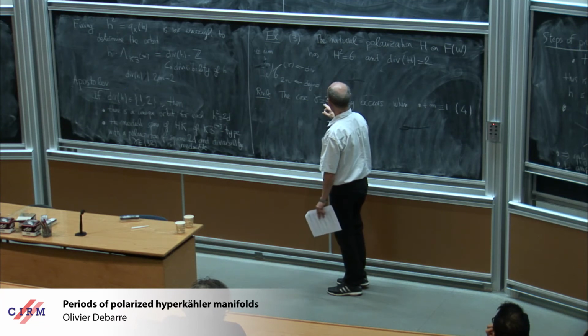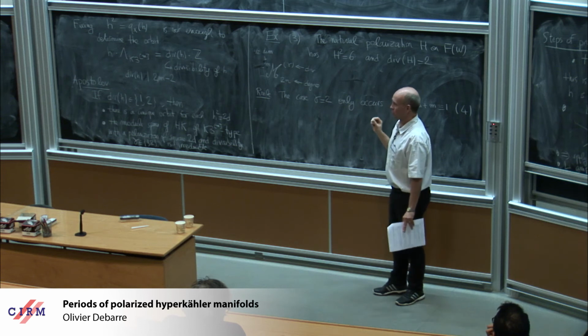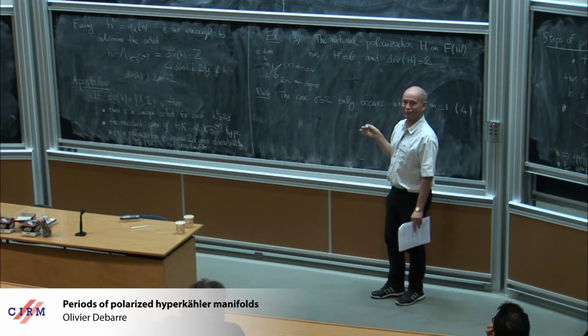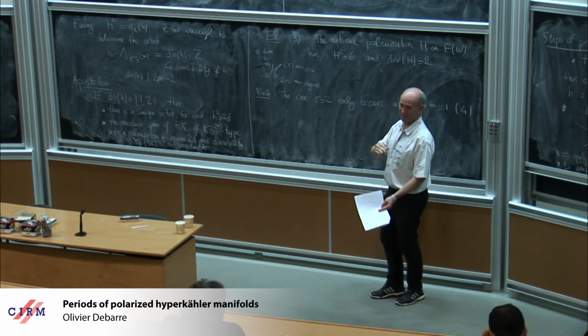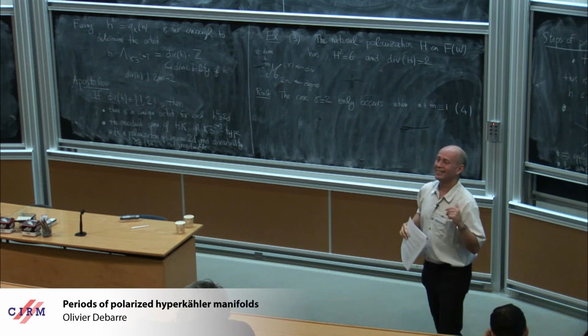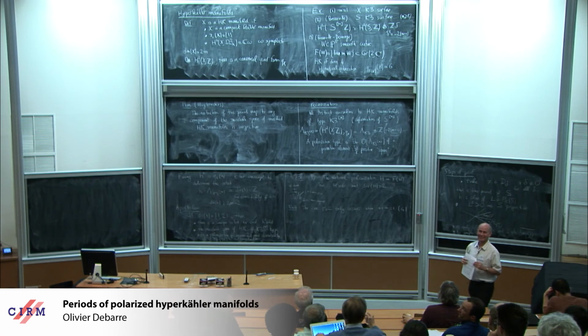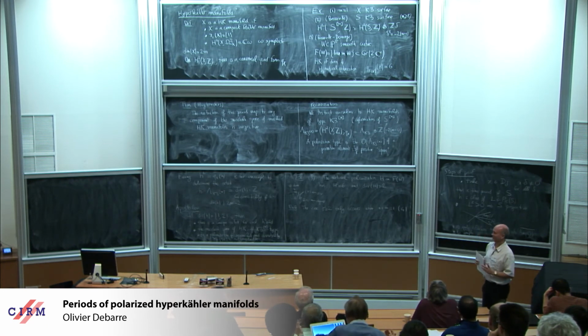In the paper of Gritsenko, Hulek, Sankaran, divisibility 1 is called split, and the other one is called unsplit. The point is whether the orthogonal complement splits. Exactly, yeah.